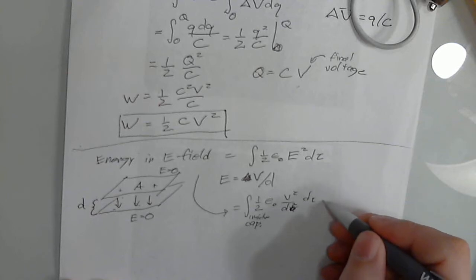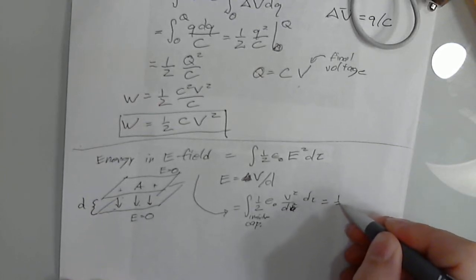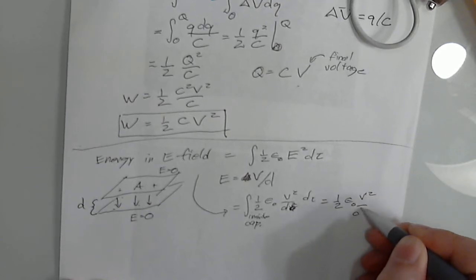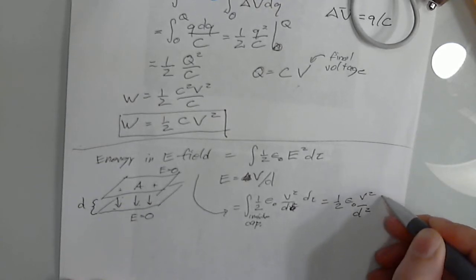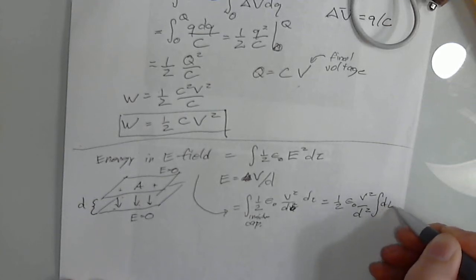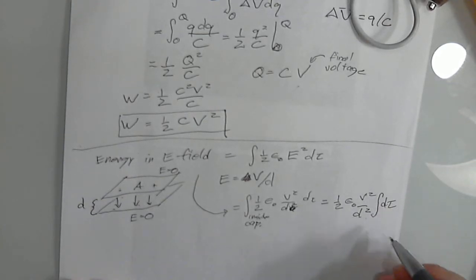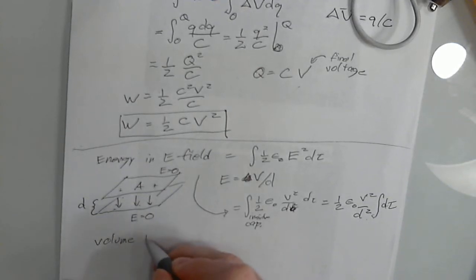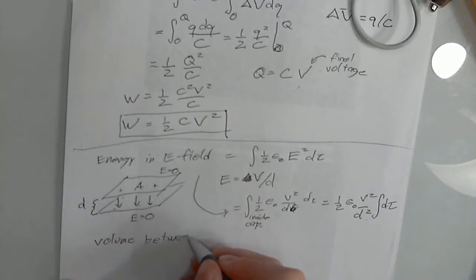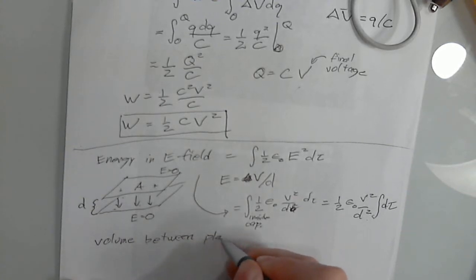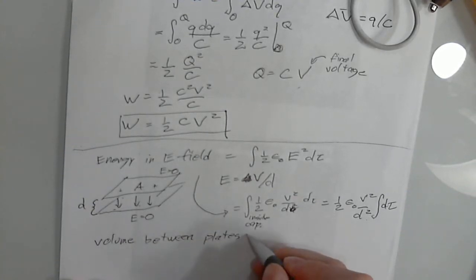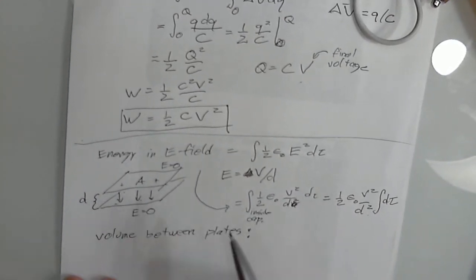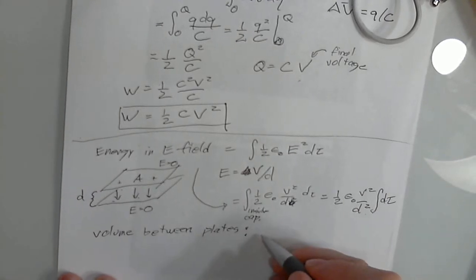These are all constants, and so this becomes 1/2 epsilon naught voltage squared over separation squared, times the integral of the little pieces of volume. So the volume between the plates is going to be the plate surface area multiplied by the plate separation.